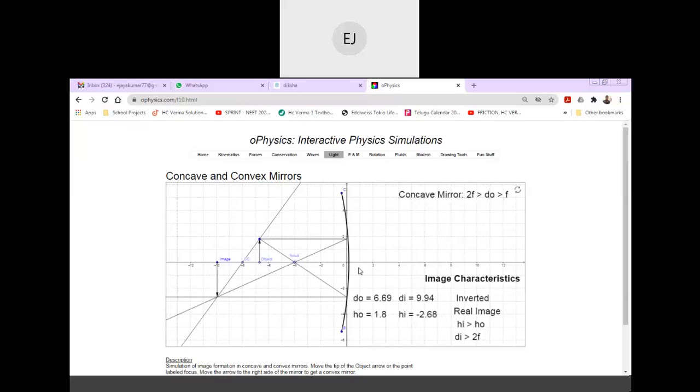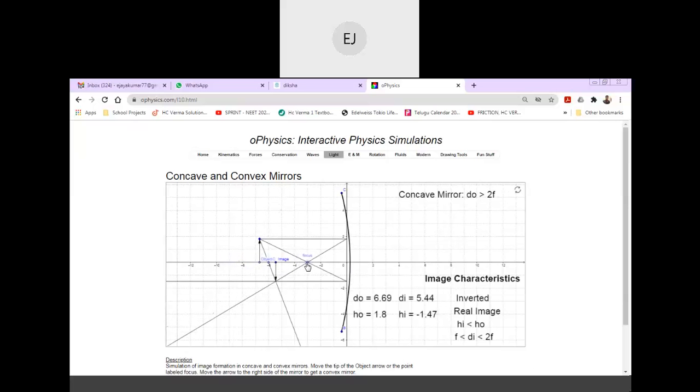Actually, focus is at 4, but pole is somehow here. So approximately we can say, not exactly. If I make this focus at 3, the center of curvature is becoming 6. If I make this focus at 2, center of curvature is becoming 4.